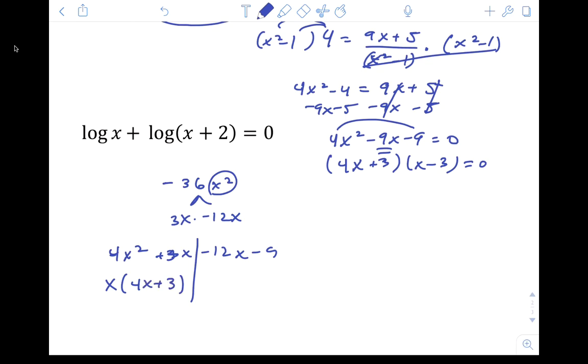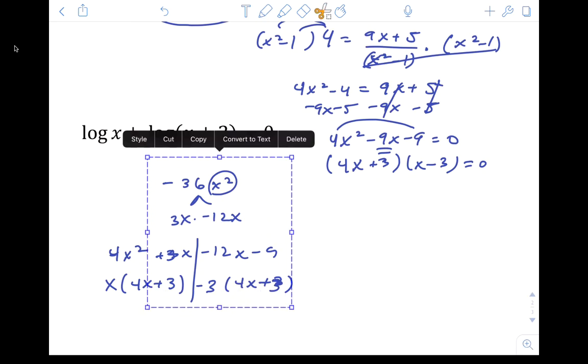The GCF of negative 12x and negative 9, negative 3 goes into both of those, leaving, shock of all shocks, 4x plus 3. You see it? And then we end up writing the duplicate one time and the leftovers together to finish that out.